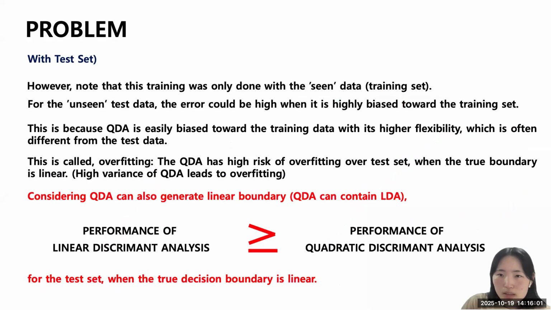Because QDA is more flexible, it can fit training data too closely and perform poorly on unseen data, especially when the true boundary is linear. This happens due to QDA's higher variance. So when the true boundary is linear, the test performance of LDA is generally better or equal to QDA.